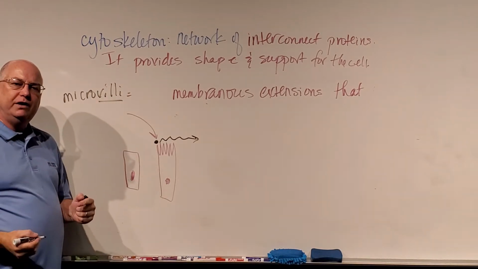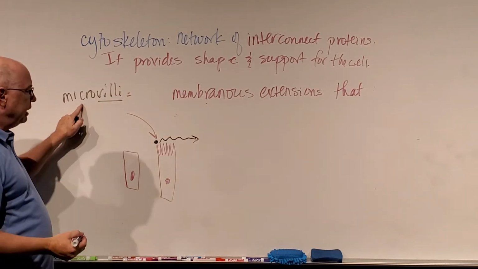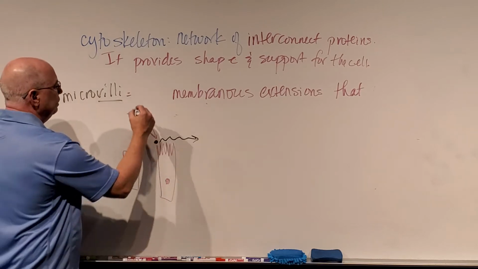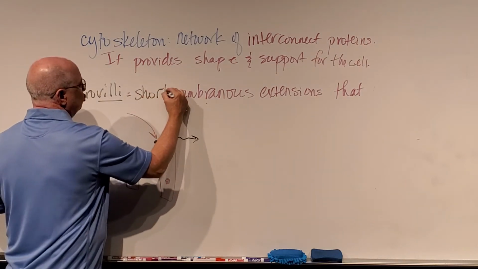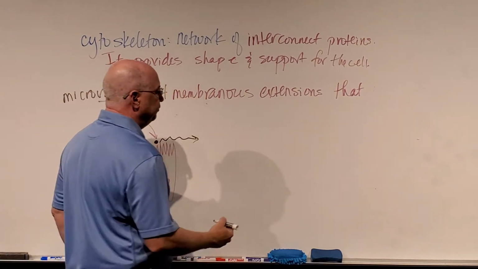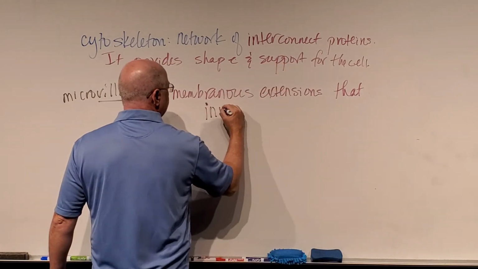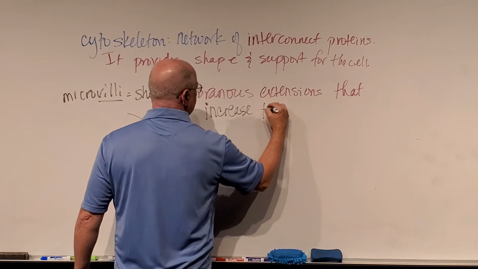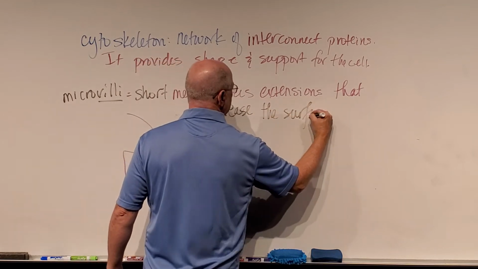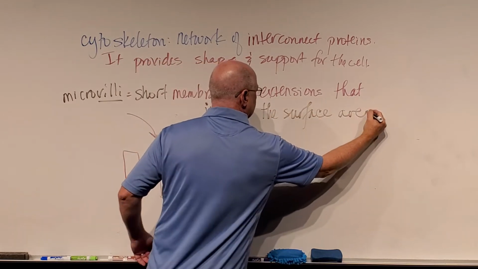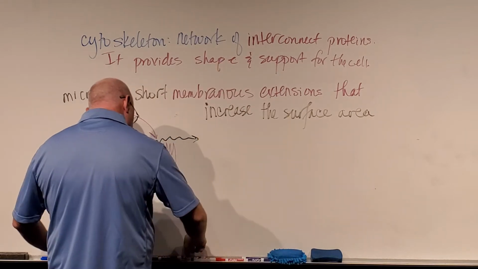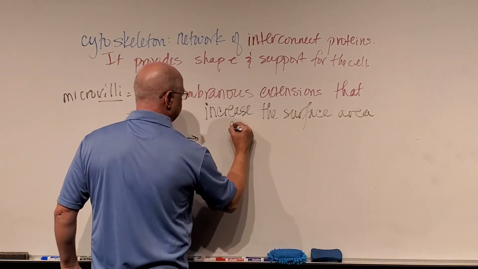Villi comes from the word villus, which means finger, and micro means tiny. So we sometimes describe these as short membranous extensions that increase the surface area of a cell for absorption.